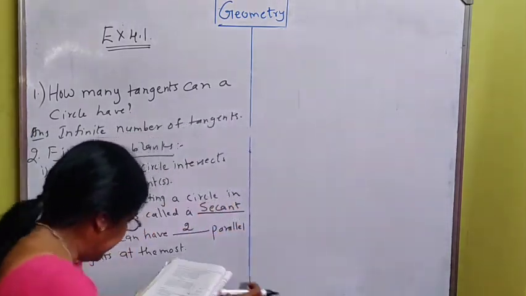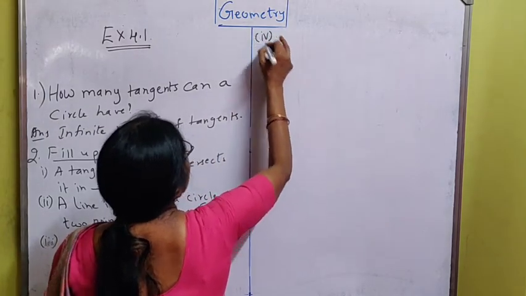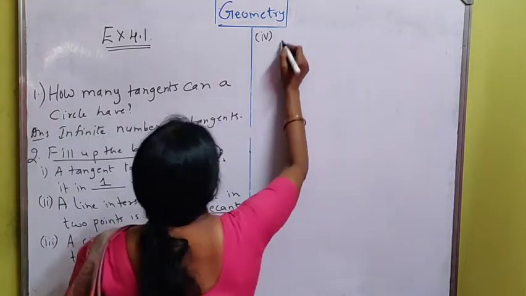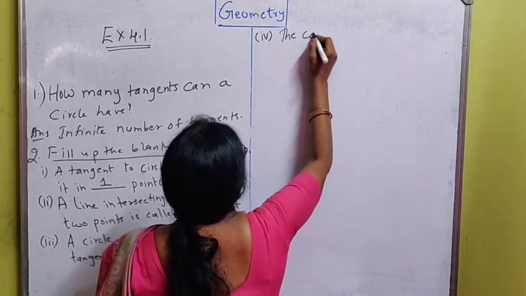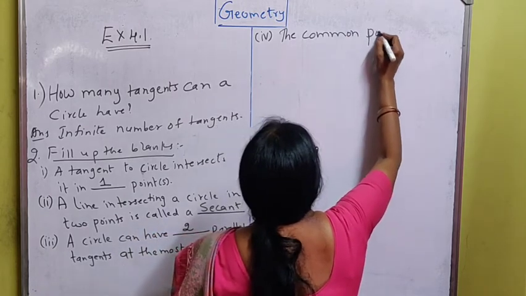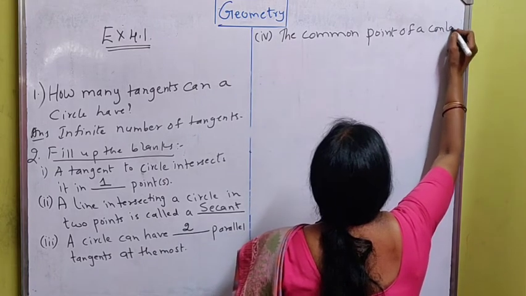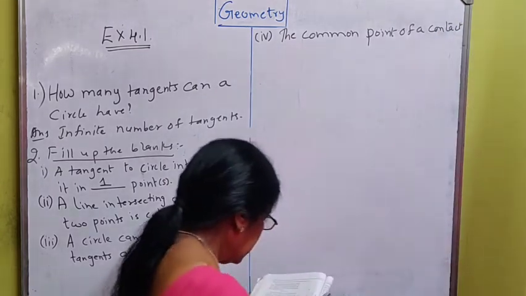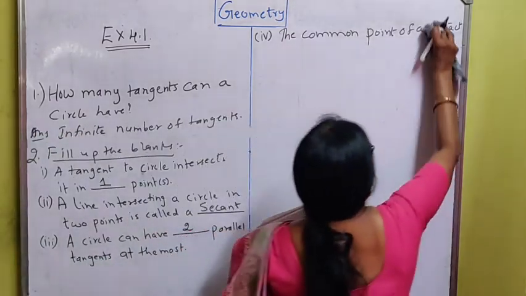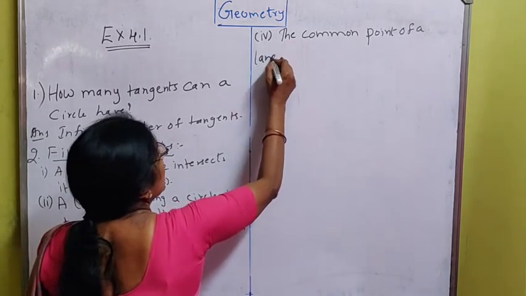Then next we will go to the next fill up the blanks. What is the next fill up the blanks asked? The common point of a contact. The common point of a tangent.